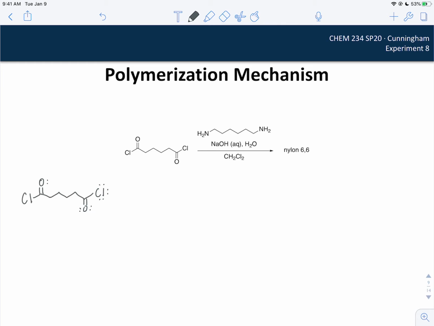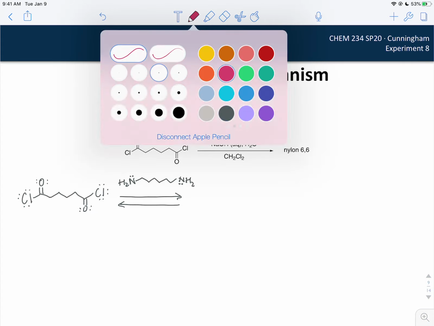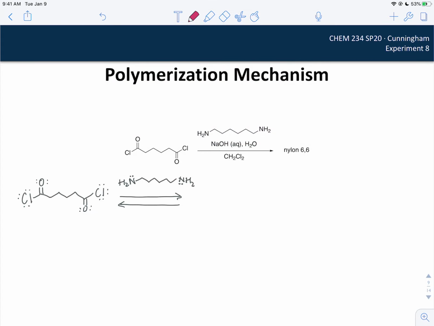Whoops, too many lone pairs. Here we go. And so we are going to react this with our hexamethylene diamine. And so we've got a good nucleophile and we've got a very strong electrophile. And so we're going to react those two with one another.